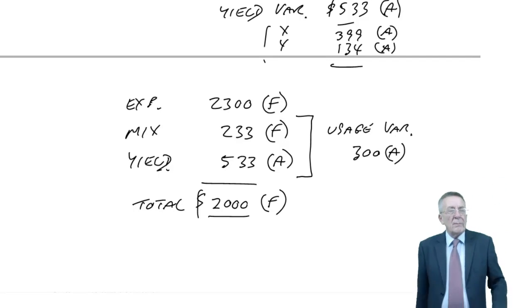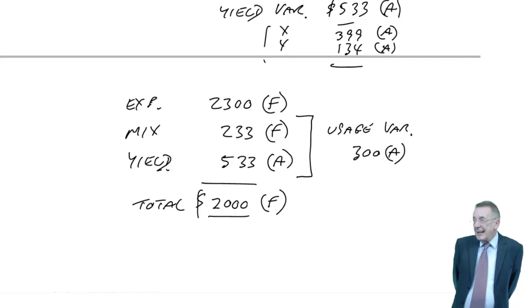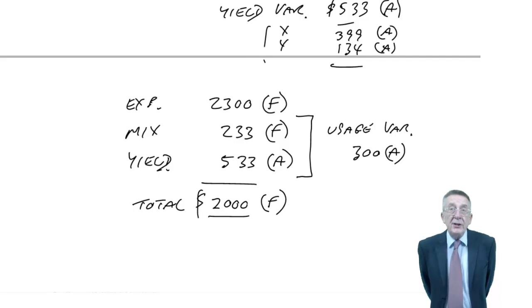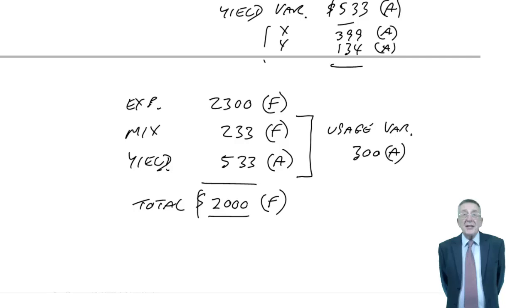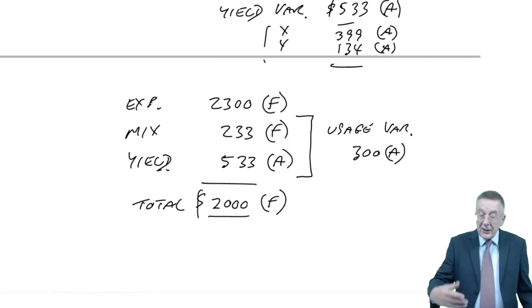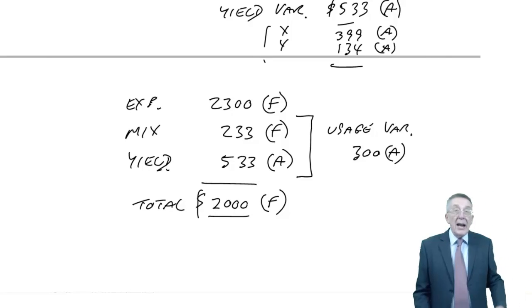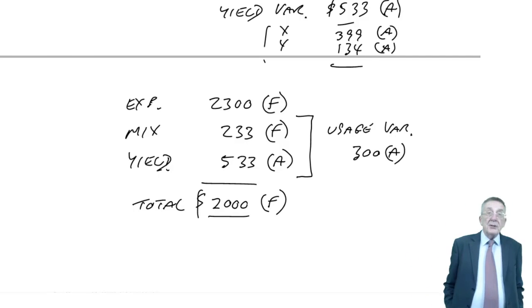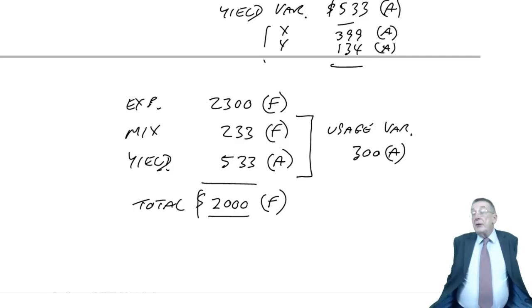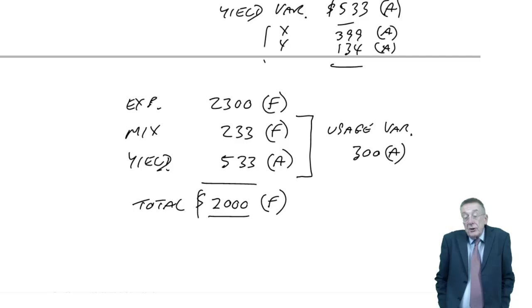There are lots of reasons you might change the mix. It might be an accident. You might have been forced to change the mix because perhaps one of the materials was hard to get. I'm not going to waste time looking back here, but if material X was in short supply, you may have been forced to use more material Y, whether there was a saving or whether there was an extra cost.